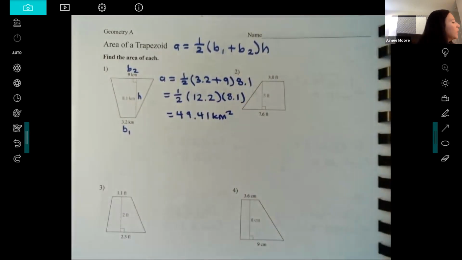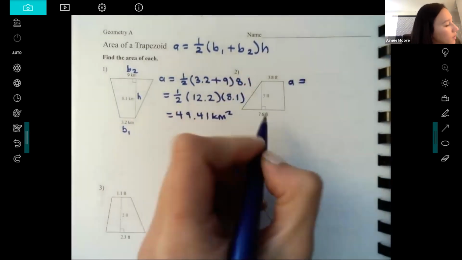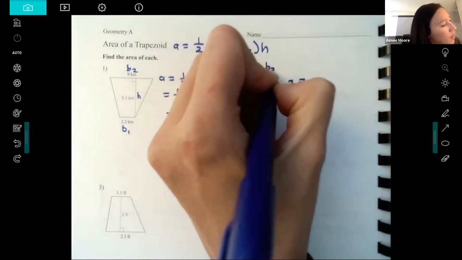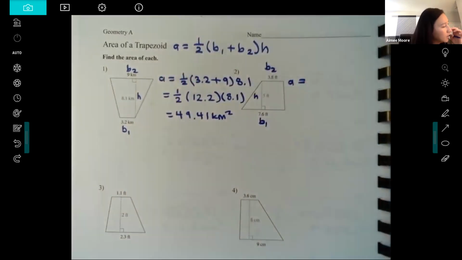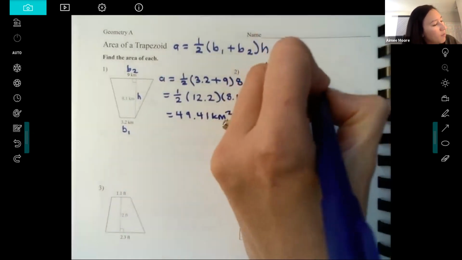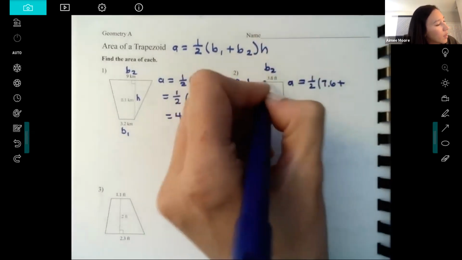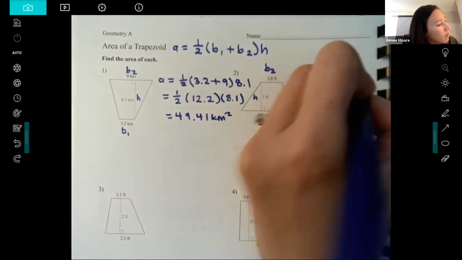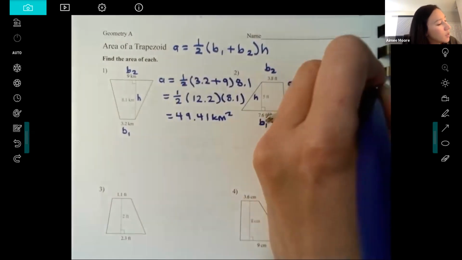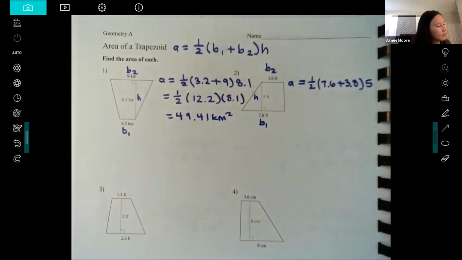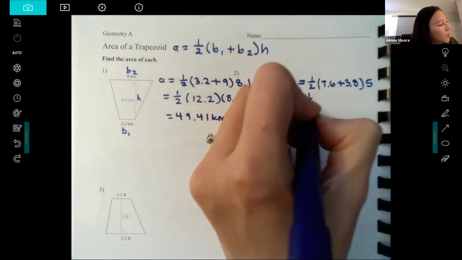Any questions on number 1? No. Okay. Number 2, we have B1, B2, and our height. So we have 1/2 of 7.6 plus 3.8 times our height, which is 5. And we'll do our parentheses first.